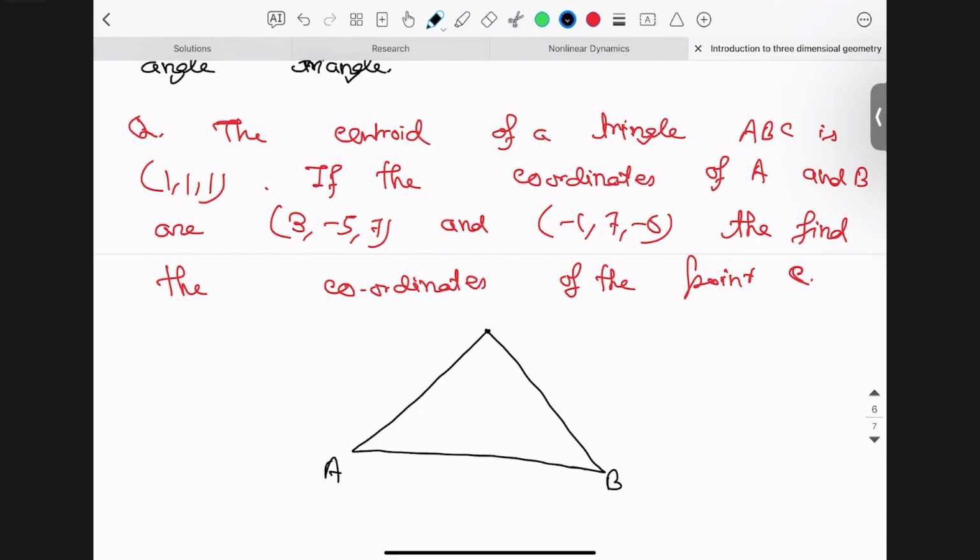Suppose the coordinate of the point C is x, y, z, and A and B have coordinates 7, minus 1, 7 and 7, minus 6, minus 6. Now what is the given extra condition? That 1, 1, 1 is the centroid of the triangle. That is the coordinate of the point is 1.